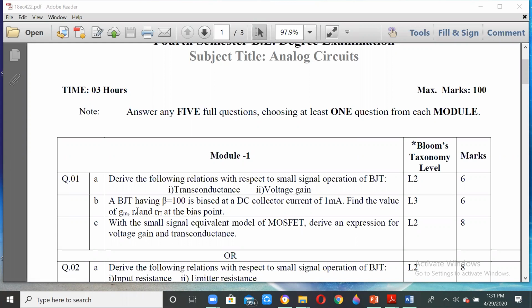So re is beta by gm, r pi is re by beta plus 1. Once re is found, you can find the value of r pi. Just check the formulas. I might have made a mistake. We'll just go back and check it.